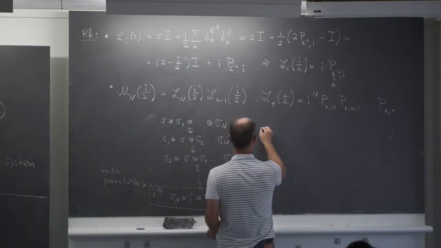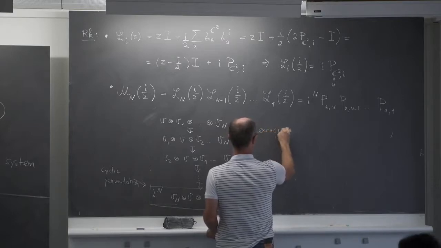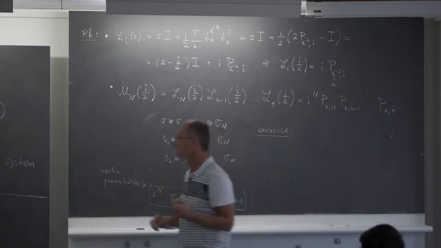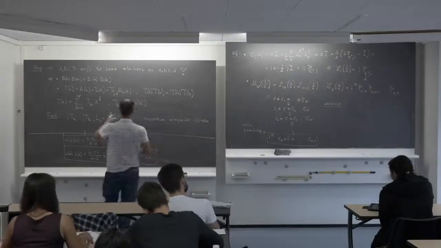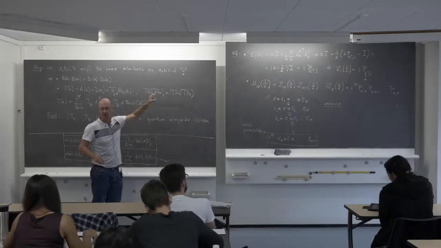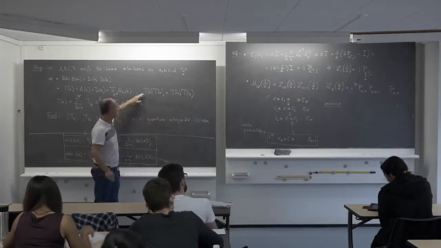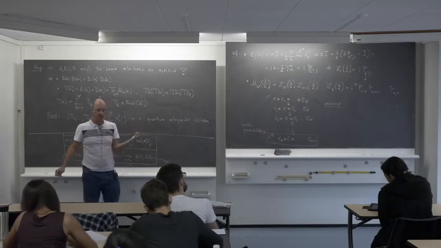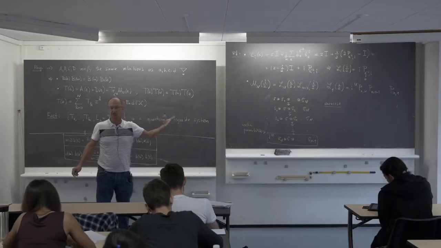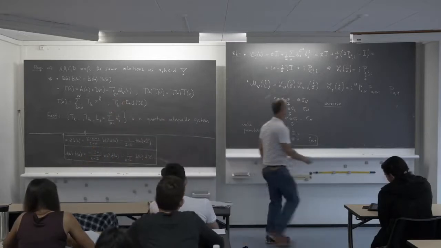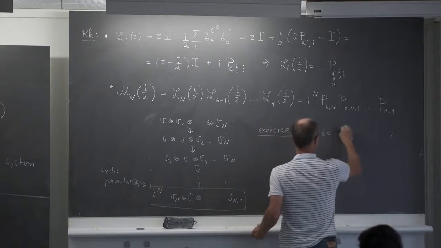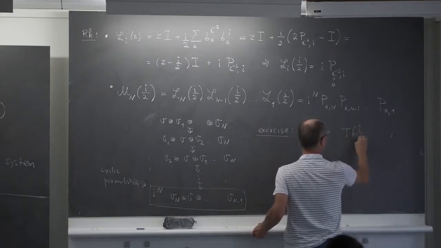Now, here is an exercise. Remember, maybe we are even more interested in the operator T than in the operator M. After all, T is the operator which acts on our Hilbert space, and not on this Hilbert space times the auxiliary space. So let's consider T at that special point, i/2.